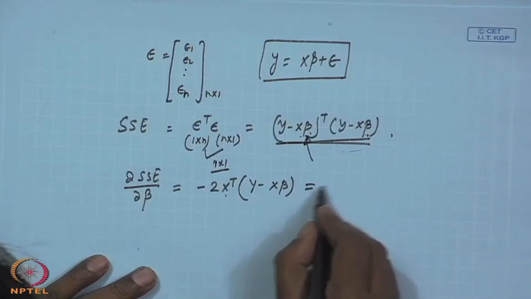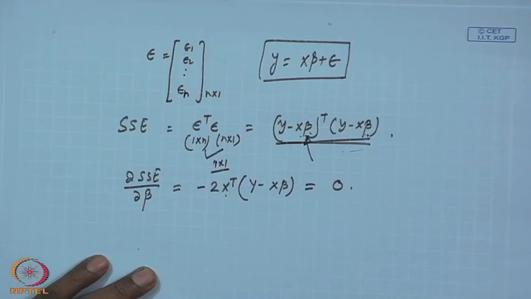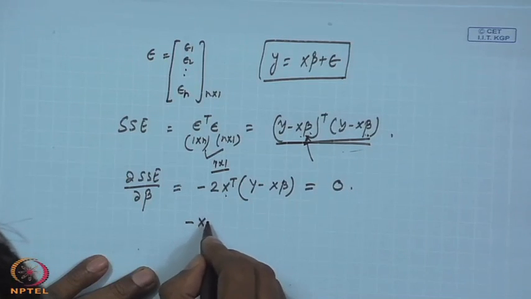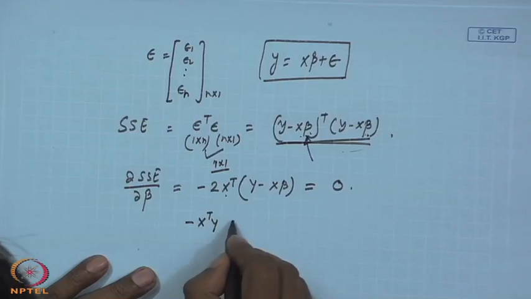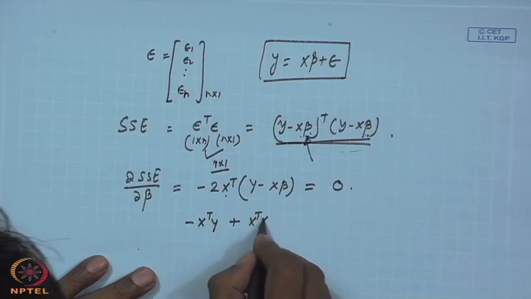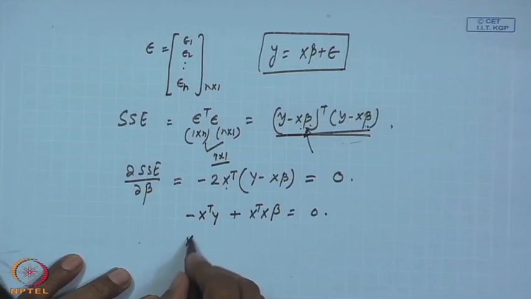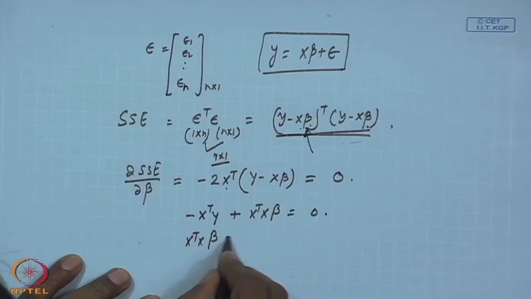So, this equation will be put to 0. So, I can now write that minus x transpose y plus x transpose x beta equal to 0. So, I can write x transpose x beta equal to x transpose y.